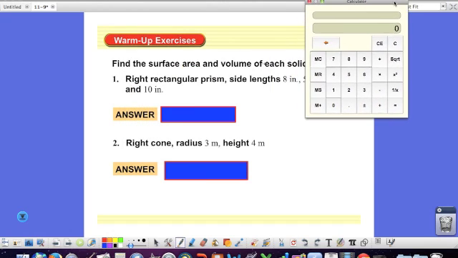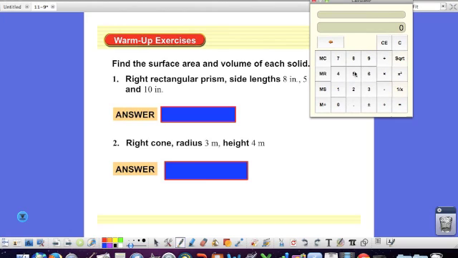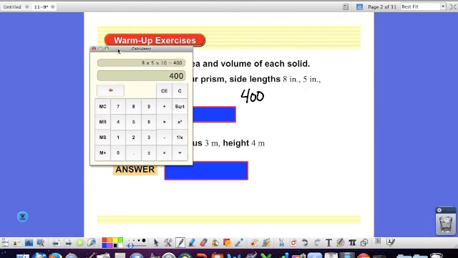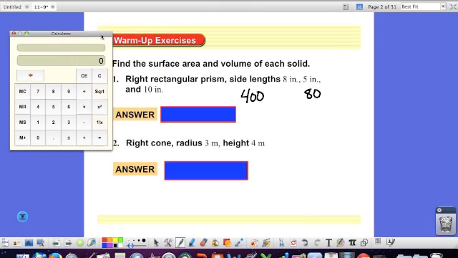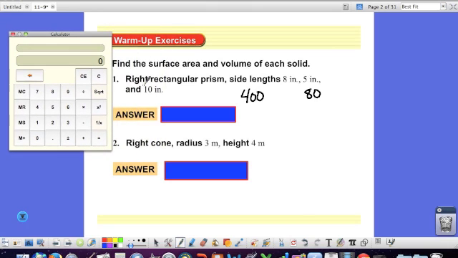So, for the volume of a rectangular prism, 8 times 5 times 10. Volume is 400. For the surface area, we're going to have two rectangles that are 8 by 5. So 8 times 5 is 40. We have two of those, which is 80. We're going to have two sides that measure 5 by 10. 10 times 5 is 50.